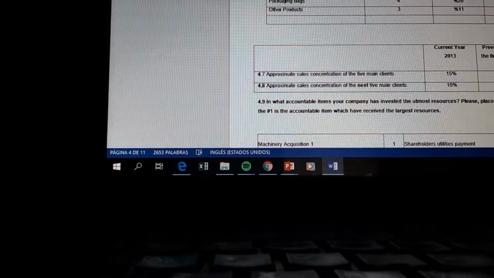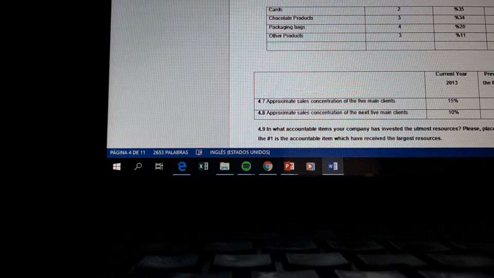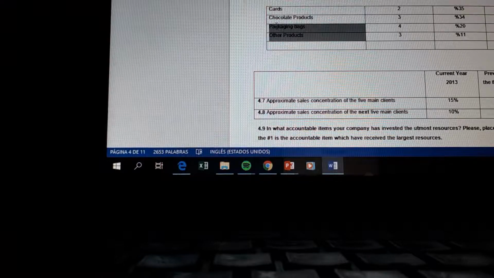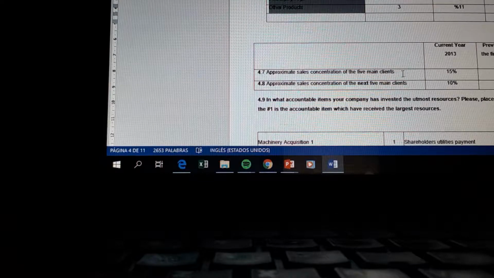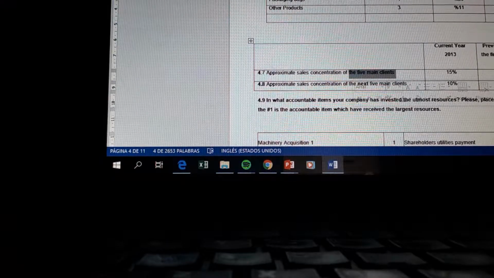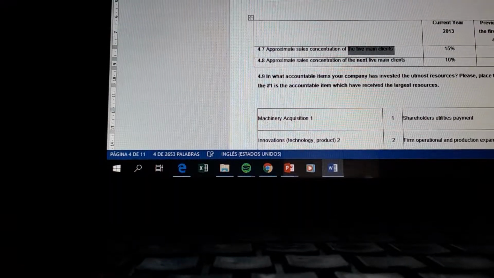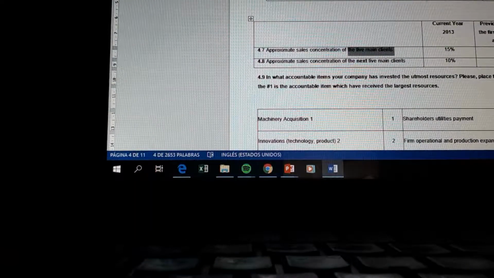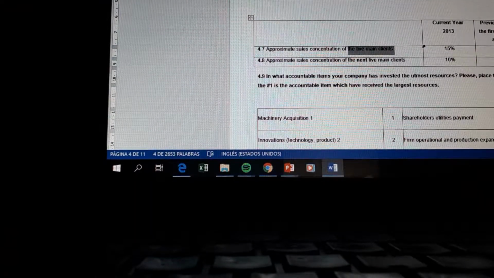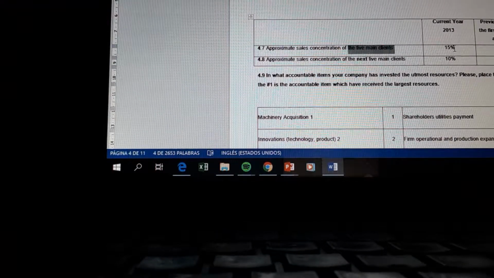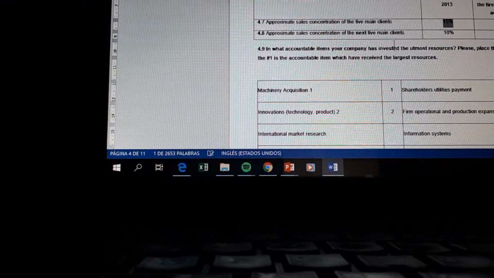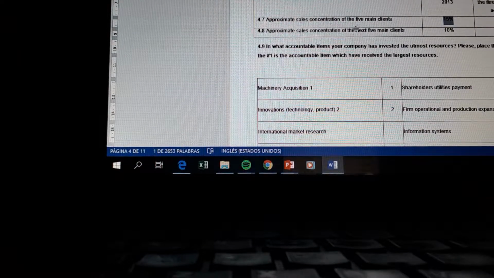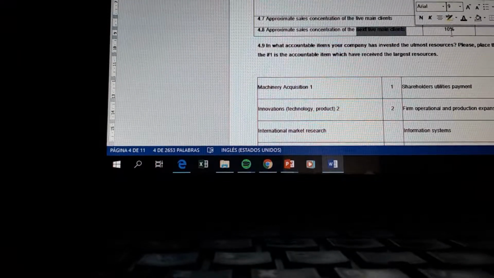Here, how those sales are divided into the different product categories. The concentration of defined main clients tells about how the company deals with the number of clients. So if the most important client just leaves the company, well, things can get tough, but not so bad. In the next 5 clients it will decrease.